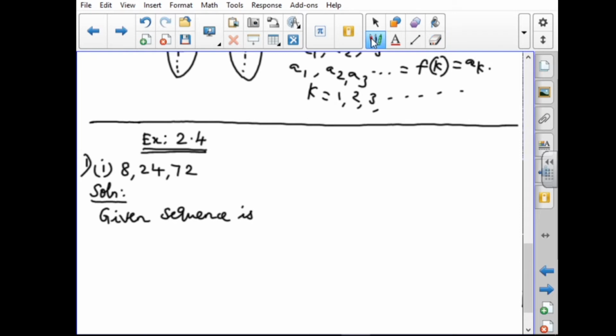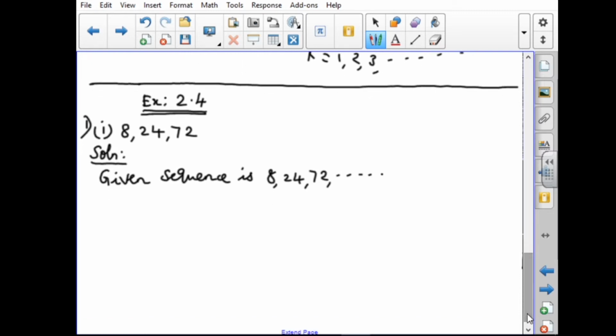Find the next 3 terms. After 72, what will come? Like that we have to find out here. Okay, here we have to think it and bring the answer. Then only we will get the answer.